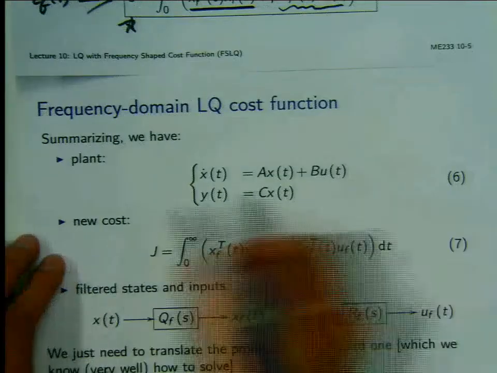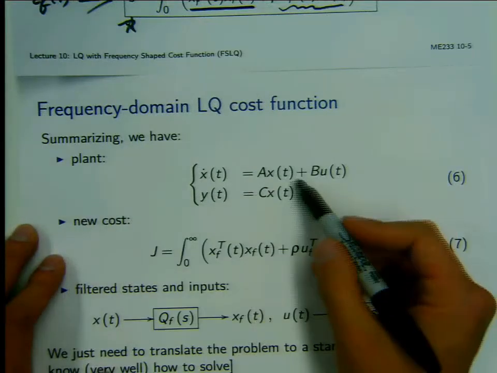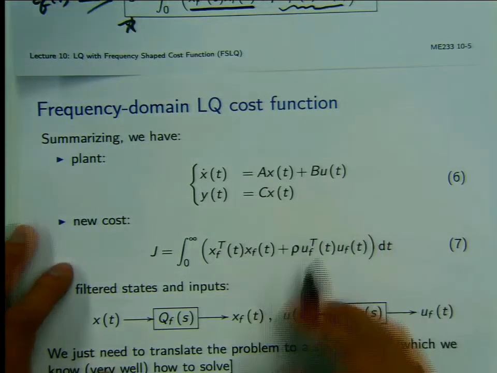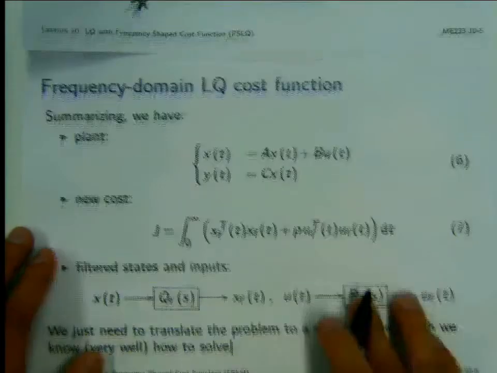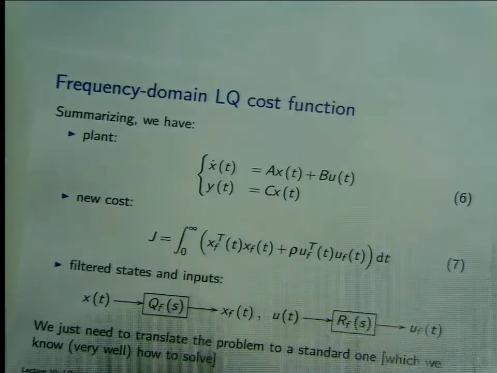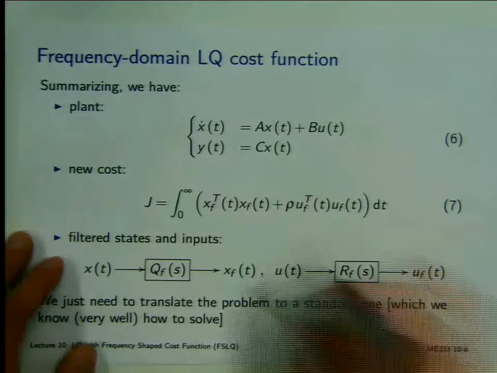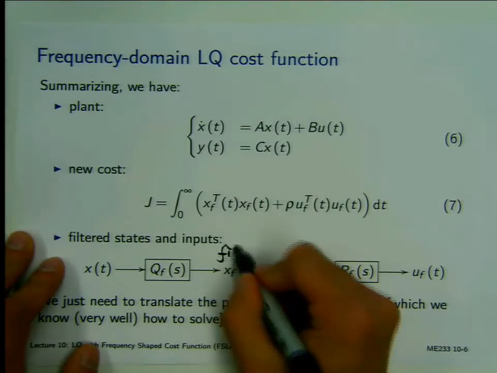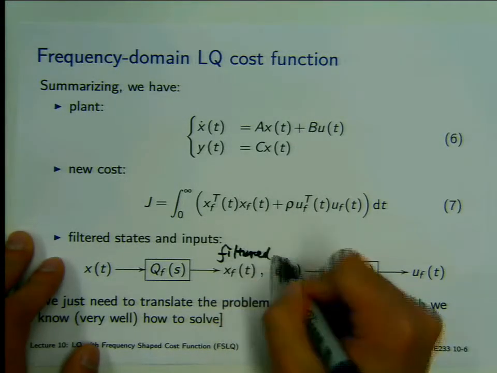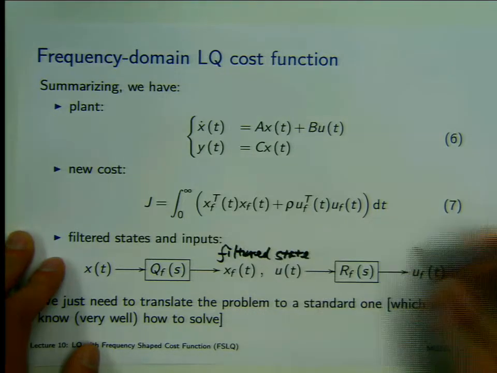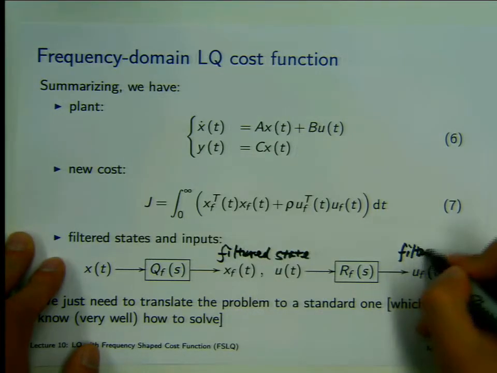Now, summarizing, we have the plant, a state space plant, ABC matrices, and the new cost function. And we have this filtered state and filtered input, filtered control.